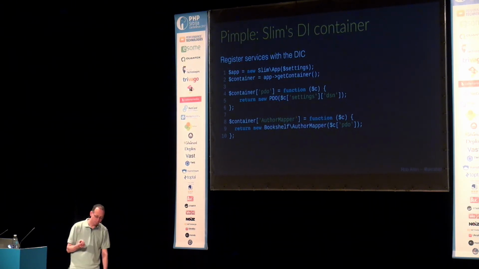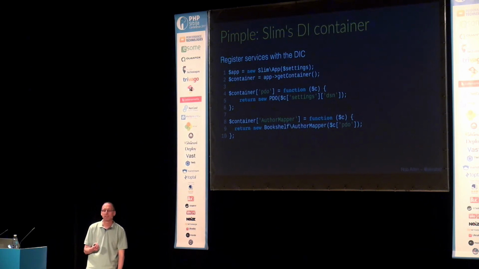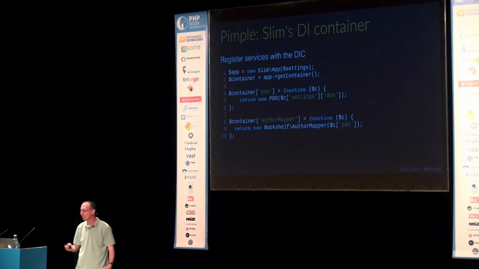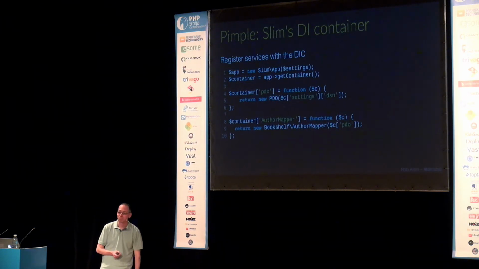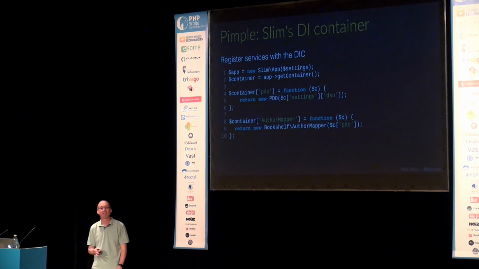Then it's just a simple callable which specifies how to instantiate an object. We call them factories because it sounds cool, but practically it's just a function that returns a new object. That's all a DI container does. They're not particularly complicated things.